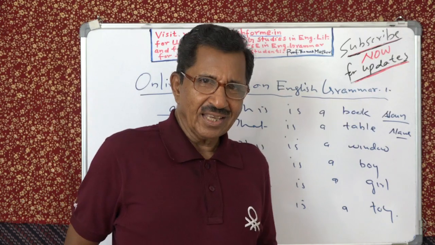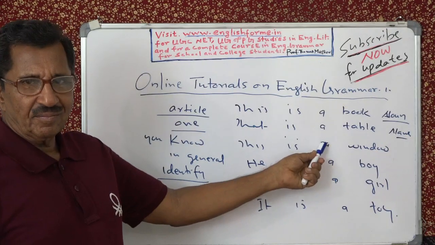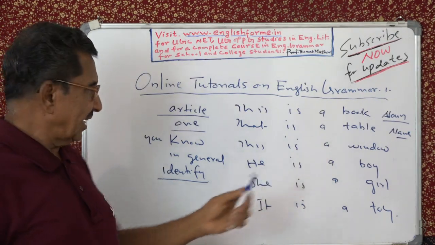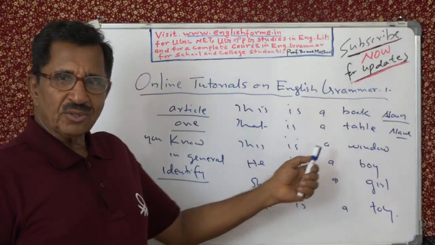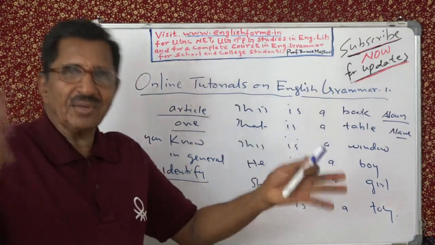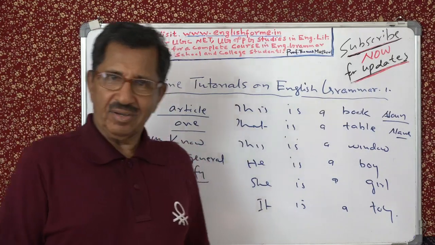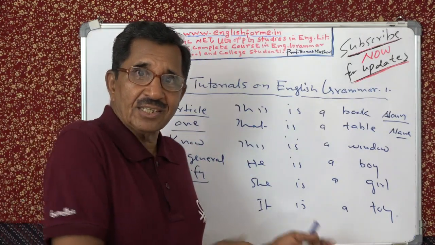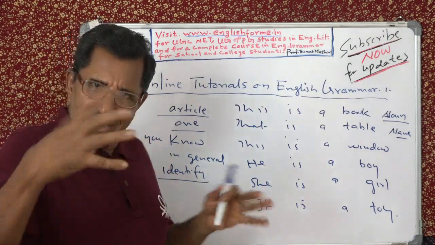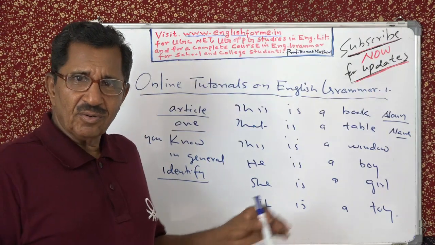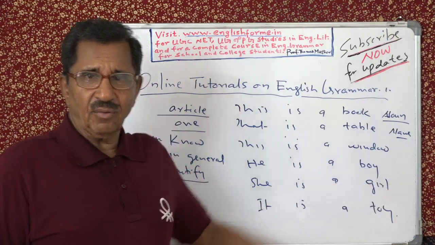Simple things. I told you, a is an article. A means one. A tells you that you have some general knowledge about it. Book, general knowledge: it is not a mirror or a pen. And since a is one, you can use it before a noun.